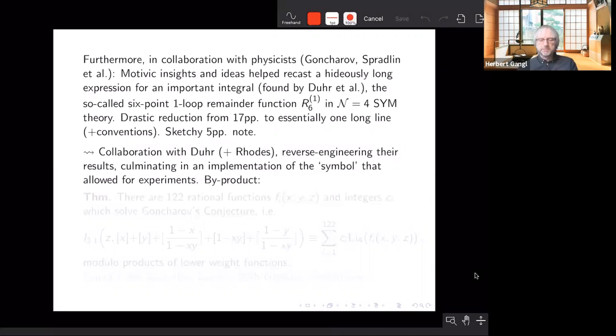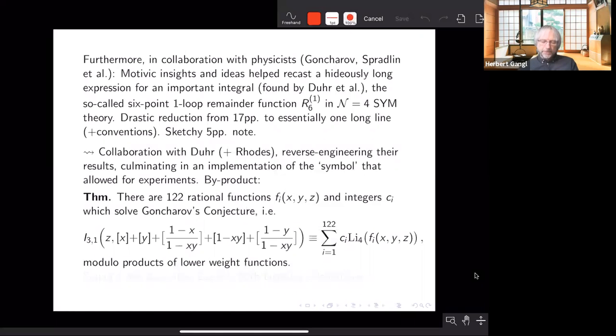It turned out that it was more complicated than their original one in the end, but as a byproduct, Duo implemented that symbol in such a way that I could experiment for a month on end, and in the end, this actually turned out to be fruitful. Actually, I could solve the conjecture that Goncharov had put.